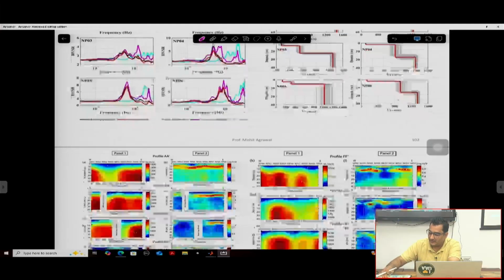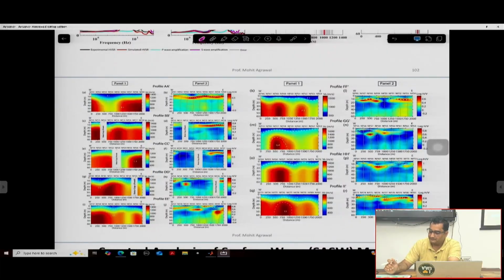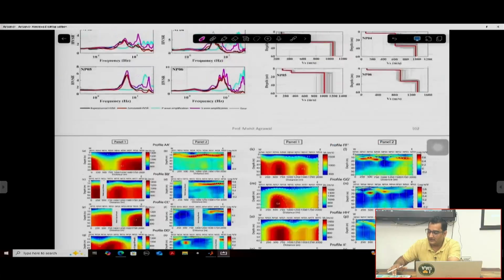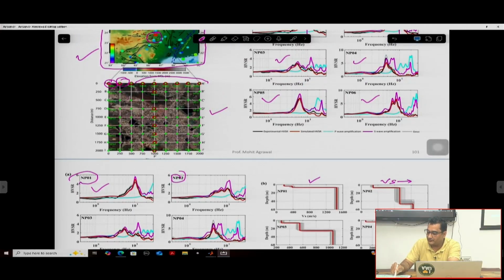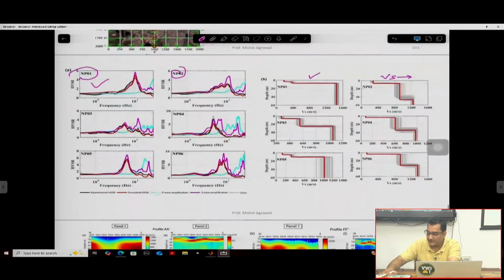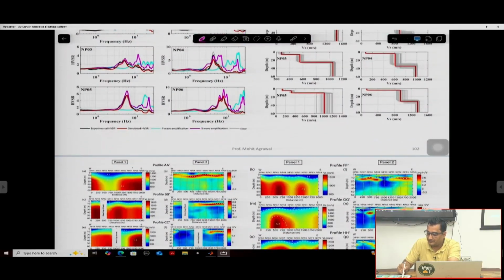Thereafter, we interpolated them in order to capture the 2D shear wave velocity image underneath the array of the observation points. So for example, if you look at this one, these points together, whatever model in 1D we got, we interpolated them, and then after interpolation, you got this particular image of the shear wave velocity.